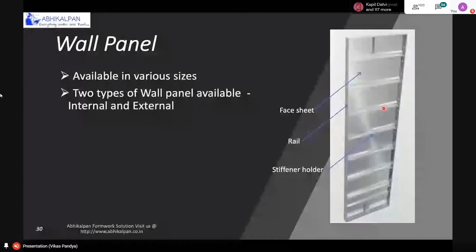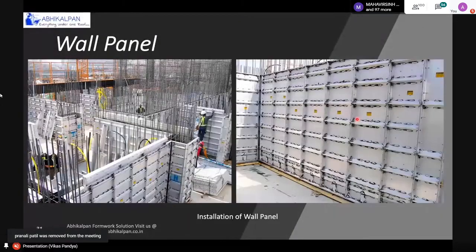The function of the rail is to distribute the load from the stiffener to the next soldier or waler and so on, and another function of the rail is to connect with another panel. As you can see in these 2 pictures, there is an assembly of aluminium formwork wall panels: 4 different panels assembled in line.